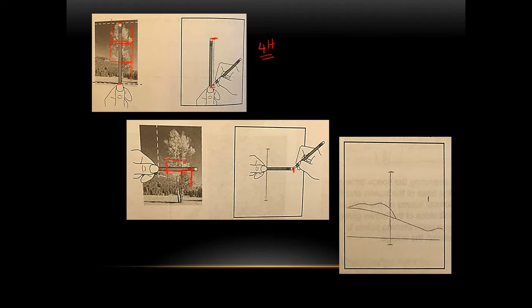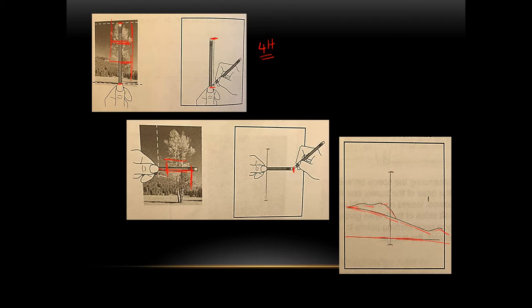So once you've done that, you have this. And then you make some basic landmark lines like this. Now, why do you choose to do this for the tree? Because that's the major focus, the focal point of this drawing.